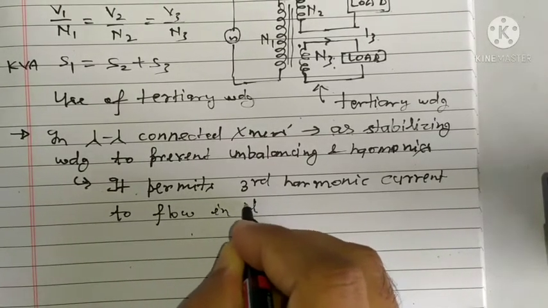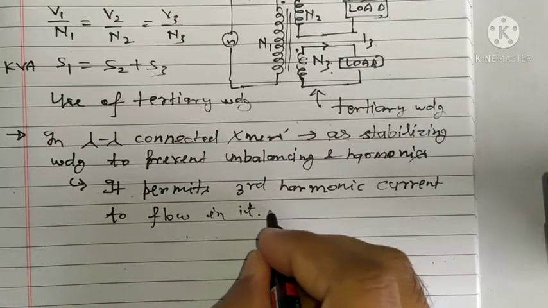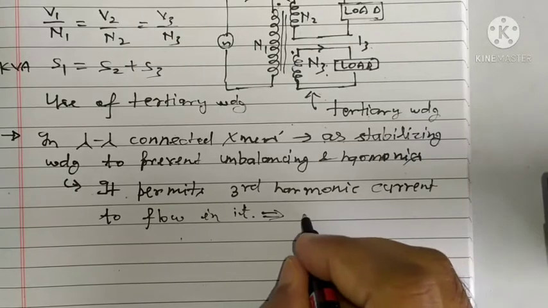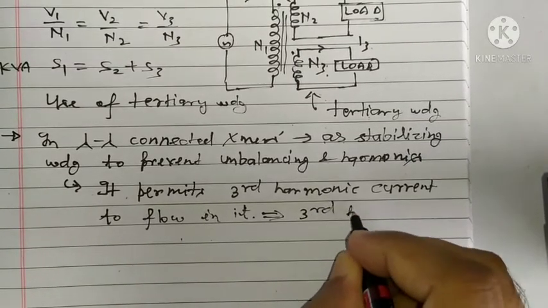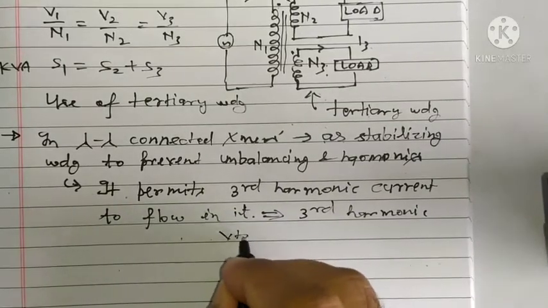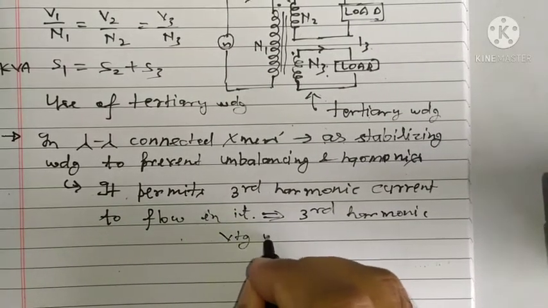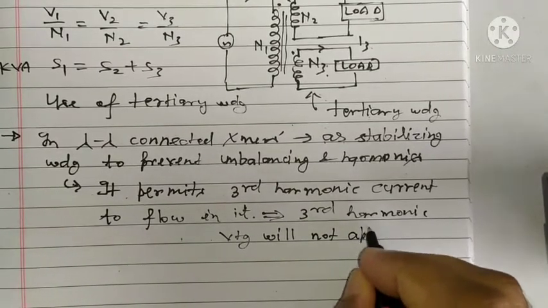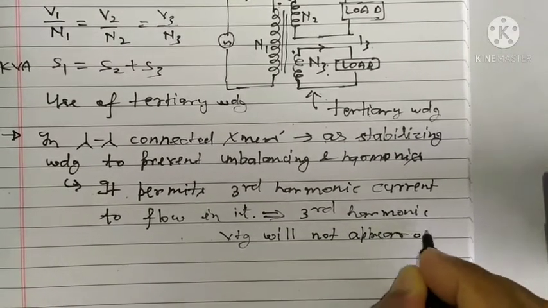So therefore third harmonic voltage will not appear in output, right?